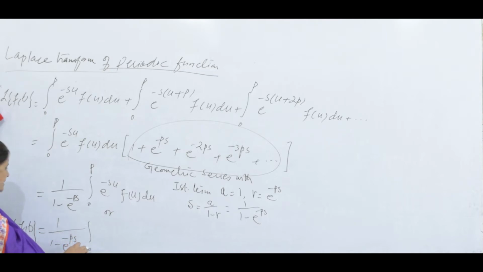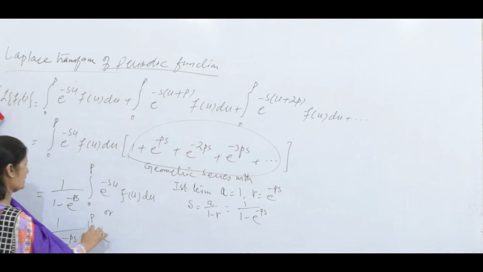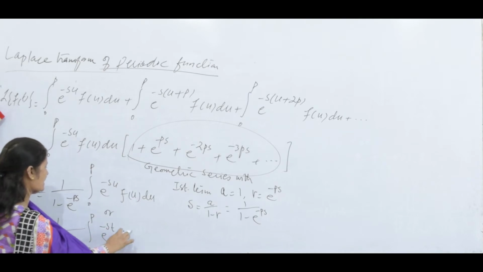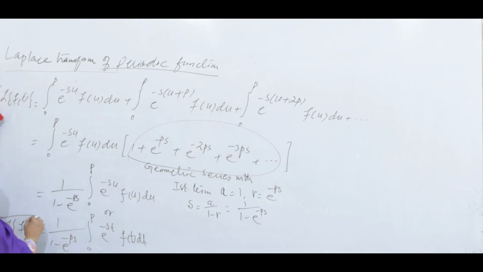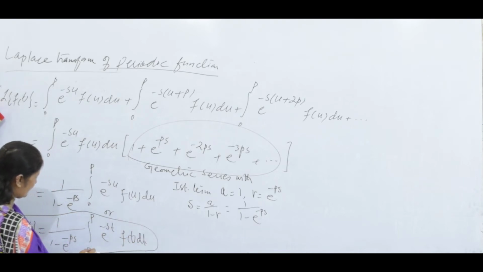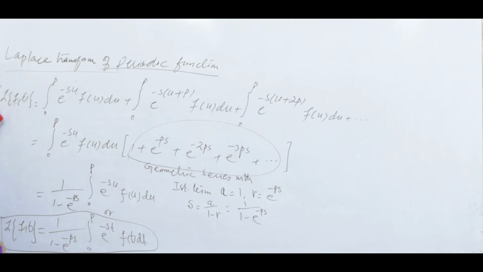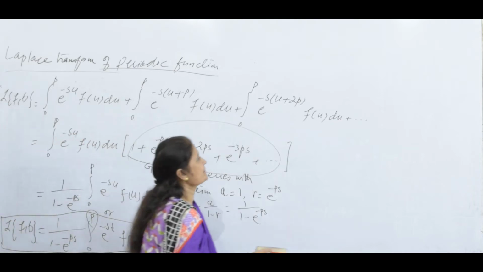So it is 0 to p, e to the power minus st, f of t dt. This is the formula for finding the Laplace transform of a periodic function whose period is p. Do not forget to write this down as it is.